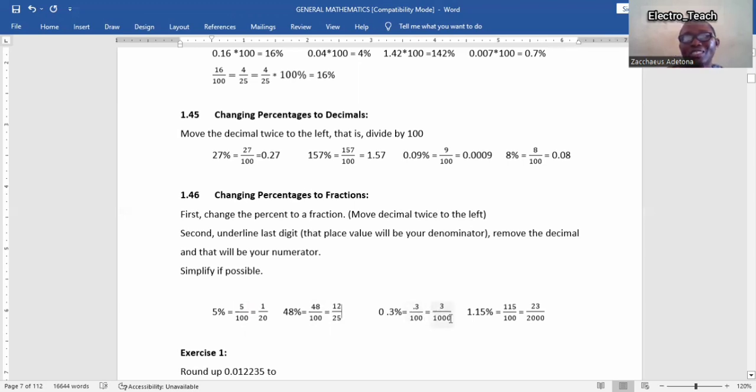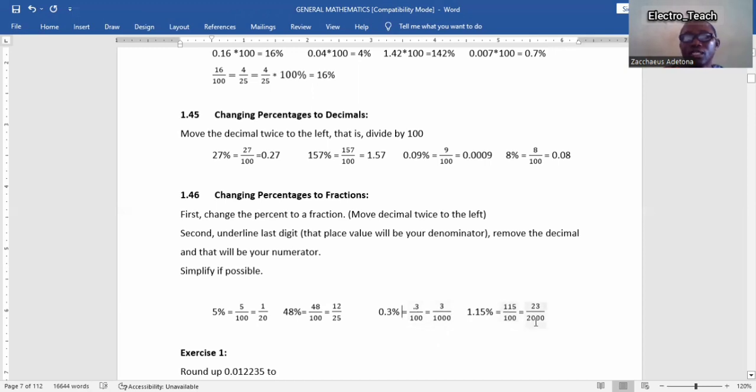That will give us 3 over 1,000. Notice this is not 3 divided by 100, but 0.3, because the initial number is less than 1. So it is that decimal number divided by 100 that we convert. And that will give us 3 over 1,000, because 0.3 is actually 3 over 10.